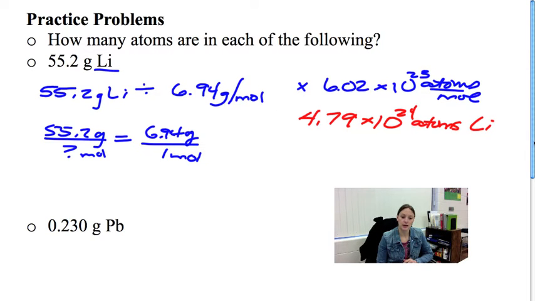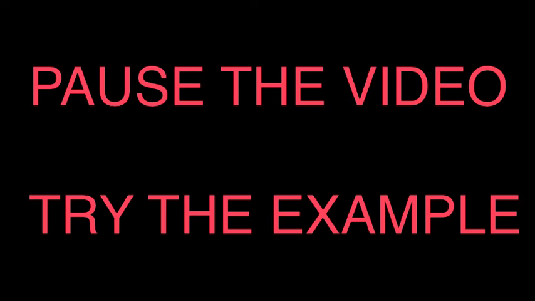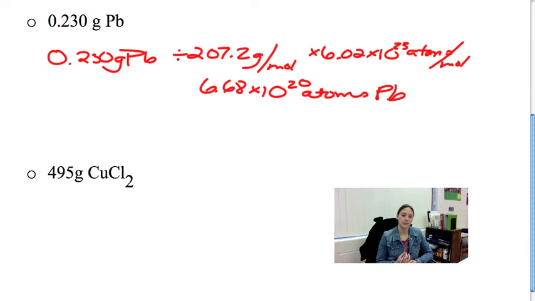So why don't you go ahead and try the second one, and then check your answer when you get done. You should get 6.68 times 10 to the 20th atoms of lead. If you did not, check your work, figure out where you went wrong.